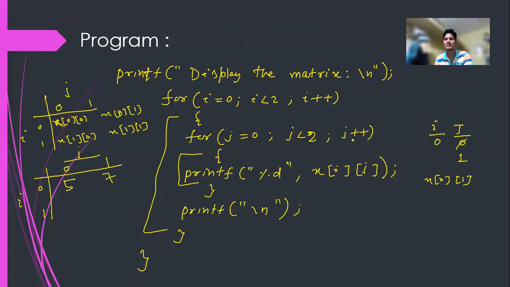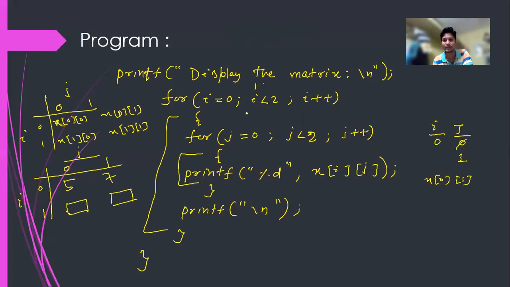Again, the value of j will be incremented. So 2 less than 2, this is false. So the control moves out of the internal for loop, and there is a slash n. It will create a new line. Now the i value will be incremented to 1. So 1 less than 2, yes.